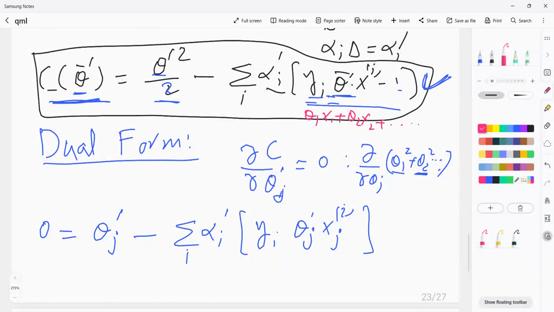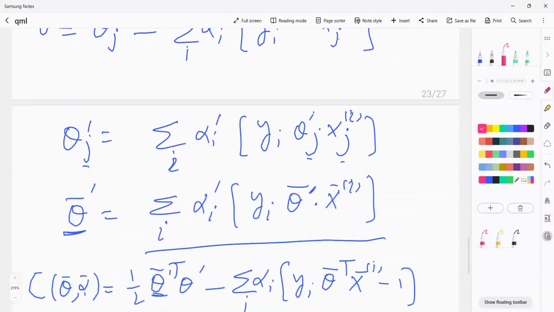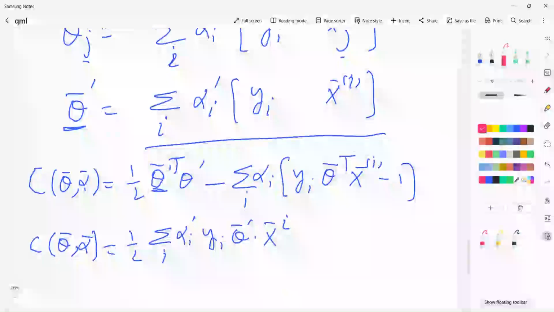If I take the derivative with respect to theta j, I should only get xj, and this theta, its derivative would be 1. So this should not be here, and which means that this is not going to be here. So this is also not here.